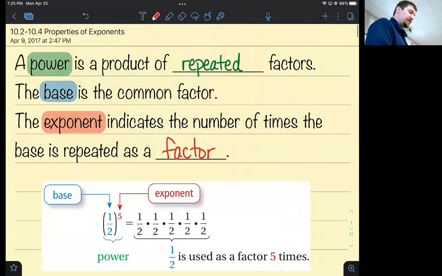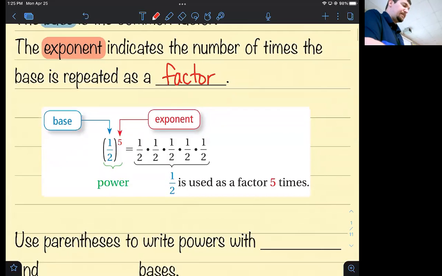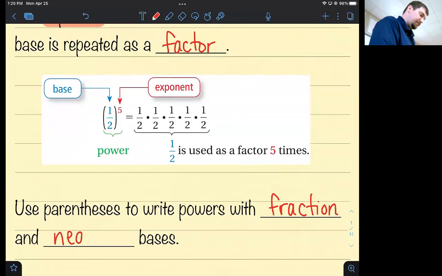So in this problem, you can see that instead of writing 1/2 times 1/2 times 1/2 times 1/2 times 1/2, they decided to write 1/2 to the 5th power. Now, we use parentheses to write powers with fraction and negative bases.